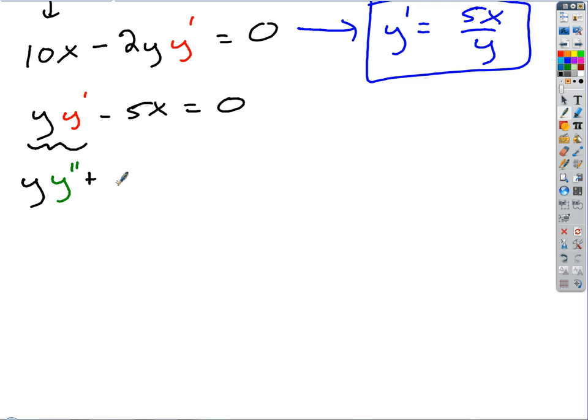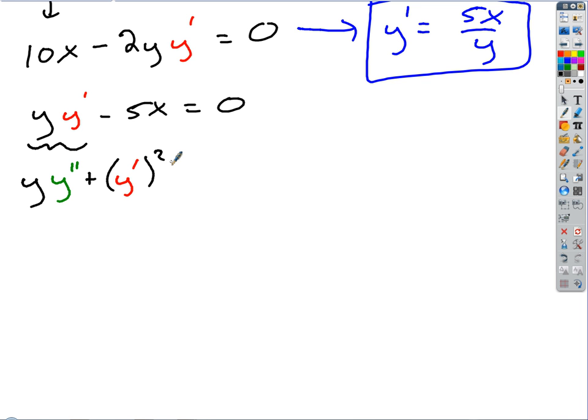Plus the second times the derivative of the first. So that's y prime times y prime, y prime squared, right? Everybody okay so far? Any questions?